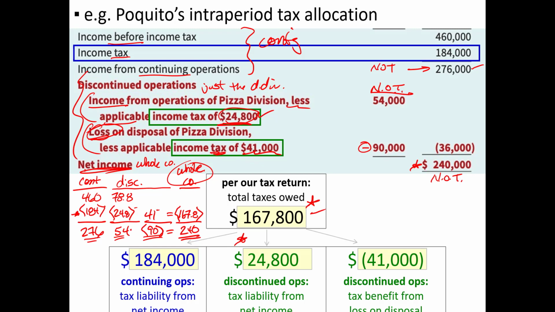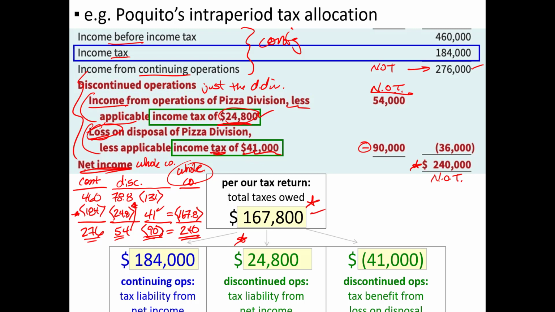That's just working backwards, using algebra and working our way upwards here. If you looked at the pre-tax loss, or the gross loss from selling certain assets of the pizza division, you can work backwards and say, when we sold everything off, there was a $131,000 gross loss on everything. We got a tax benefit of 41. That helps reduce our overall tax liability, but overall the net loss after tax is 90,000.